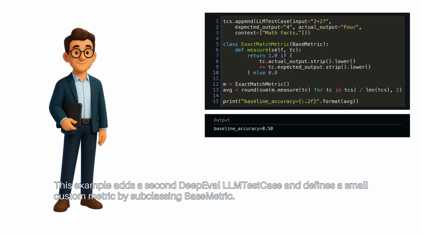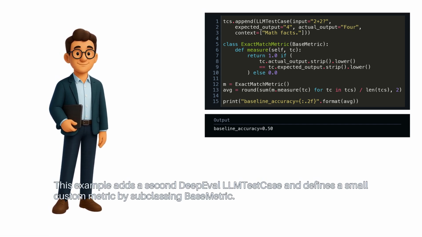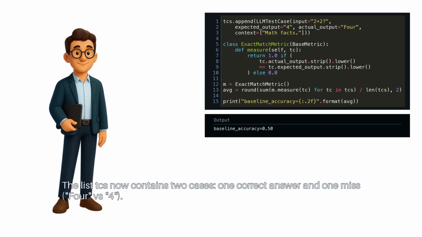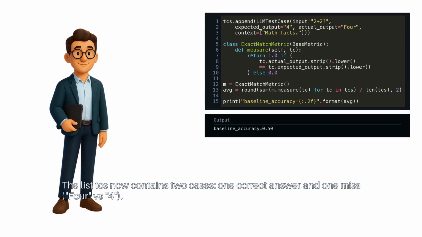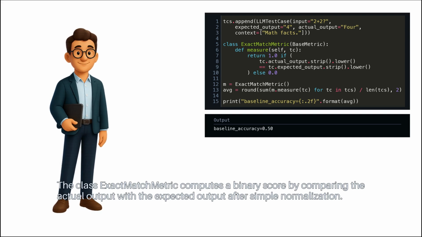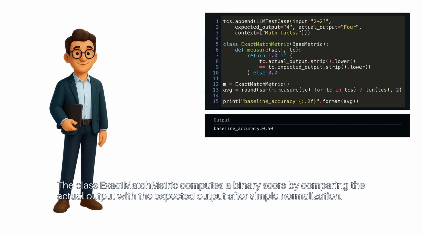This example adds a second DeepEval LLM test case and defines a small custom metric by subclassing BaseMetric. The list TCS now contains two cases, one correct answer and one miss, 4 versus 4. The class ExactMatchMetric computes a binary score by comparing the actual output with the expected output after simple normalization.